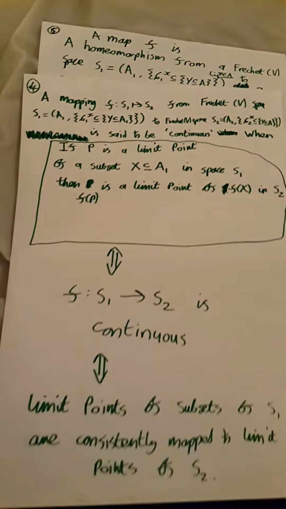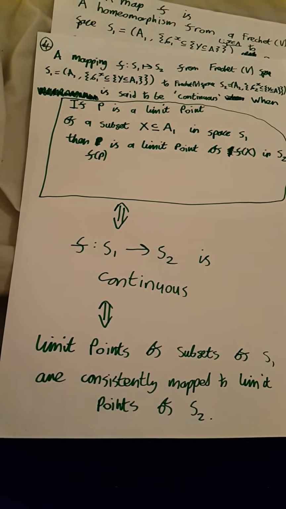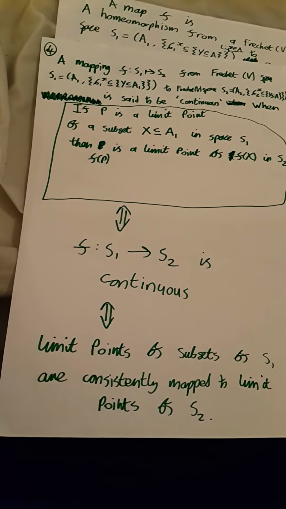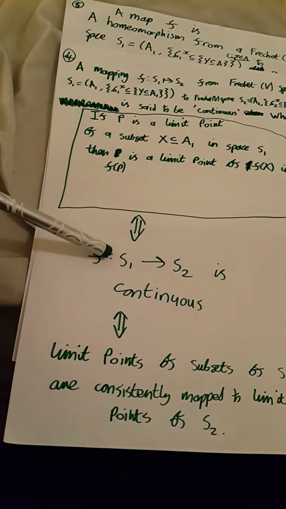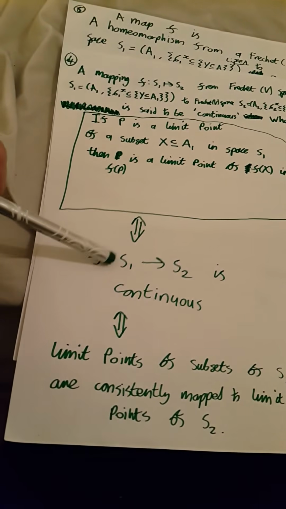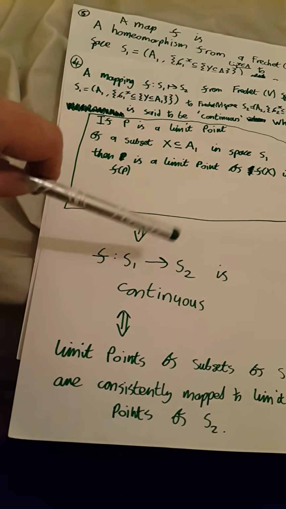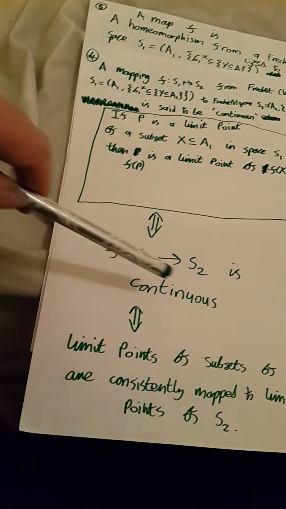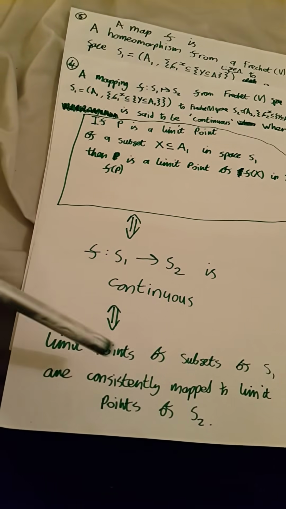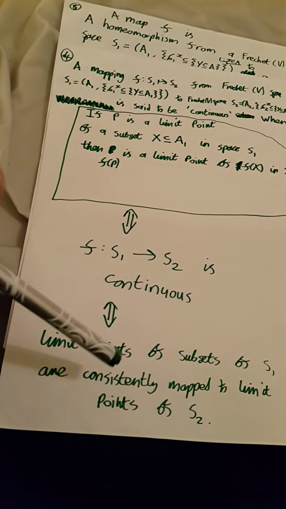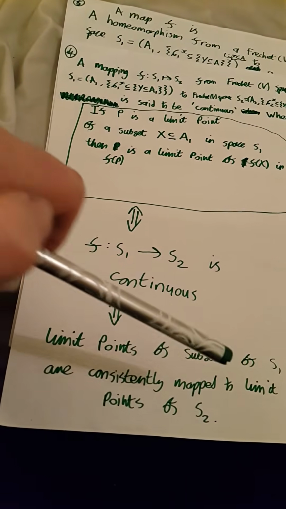That's our definition of what continuity is. So basically, what does it mean for a mapping from one Frechet V space S1 to another space S2? It means that the limit points of subsets of S1 are consistently mapped to limit points of the appropriate subsets of S2.